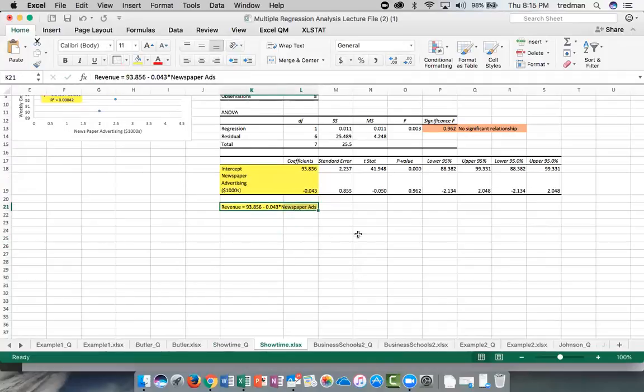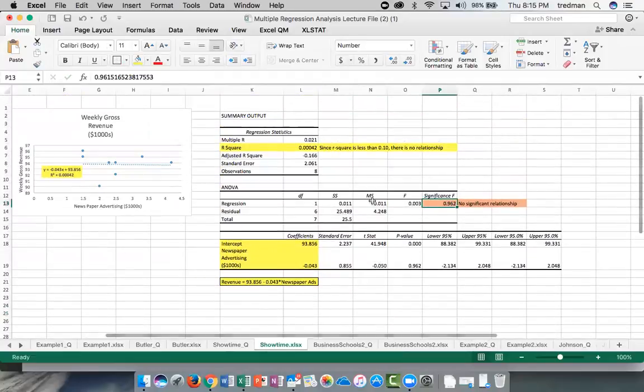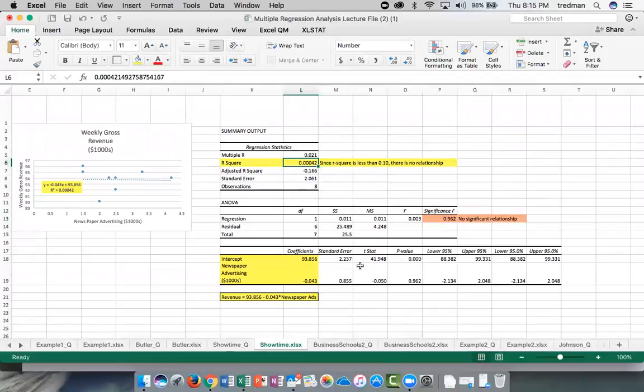Like I say, that didn't display a very good relationship. It was not significant, and the R-square was extremely low.